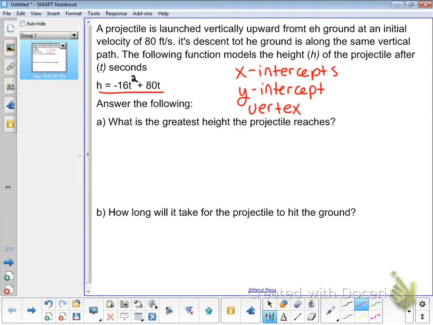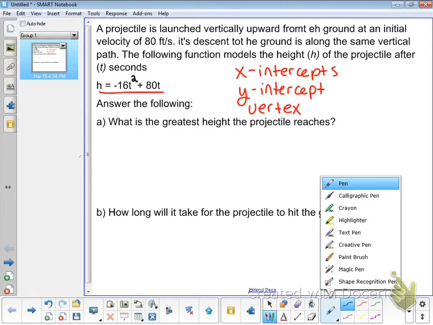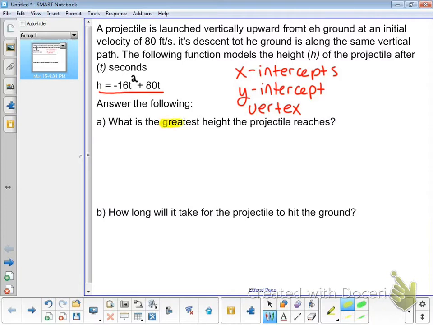Looking at the first question, what is the greatest height the projectile reaches? You have to determine what you need to find in order to know that information. Your key term here is greatest height. That should automatically lead you to the piece of information you need.